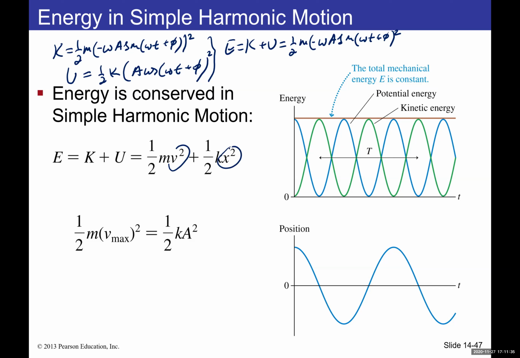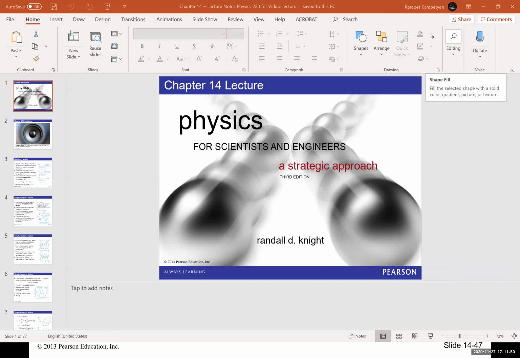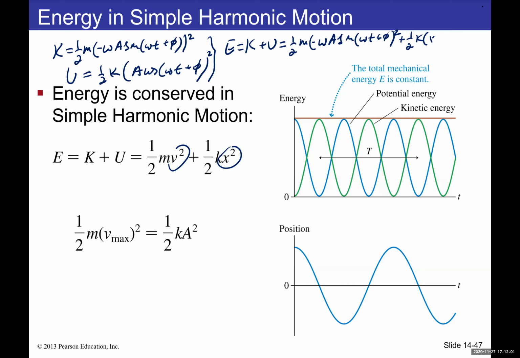So this is squared, then plus the potential energy, which is 1/2 k times A cosine of omega t plus phi, squared. Okay, so we end up with this equation.